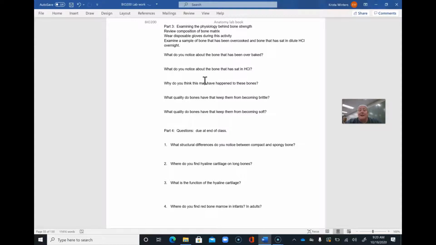Basically, what I'm asking is, what has been taken out of the bones or damaged in the bones that normally causes them to be hard and flexible? Another way to ask that is, what quality do bones have that keeps them from being brittle? What quality do bones have that keeps them from being soft?